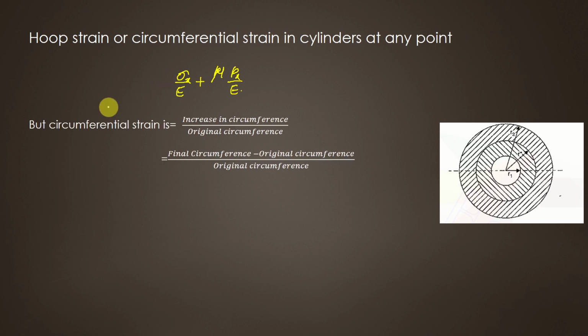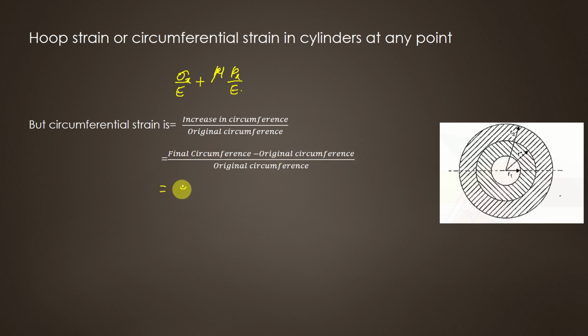Strain is nothing but change in dimension by original dimension, as you know. But here circumferential strain is the increase in circumference by original circumference, that is final circumference minus original circumference by original circumference.